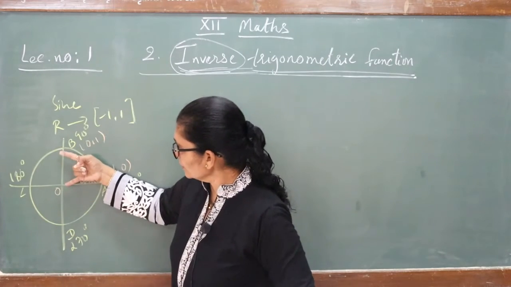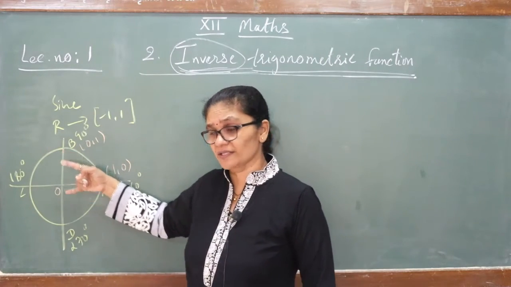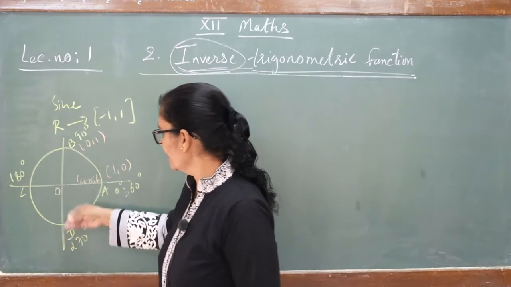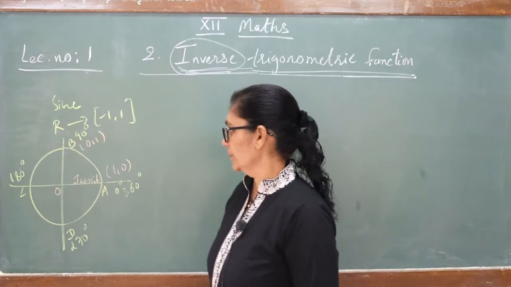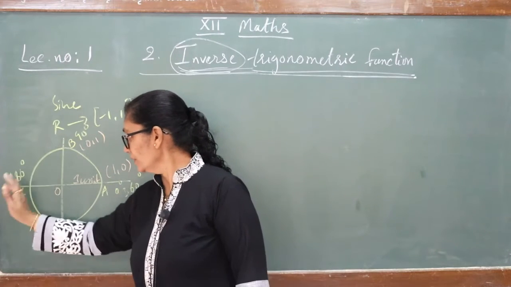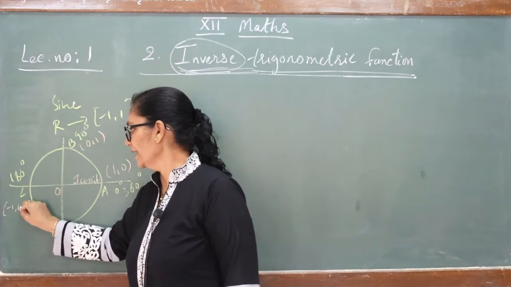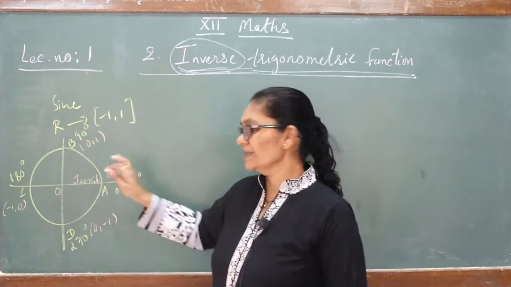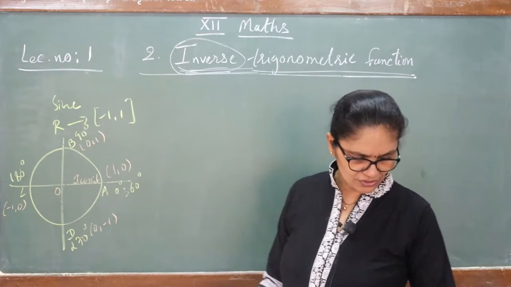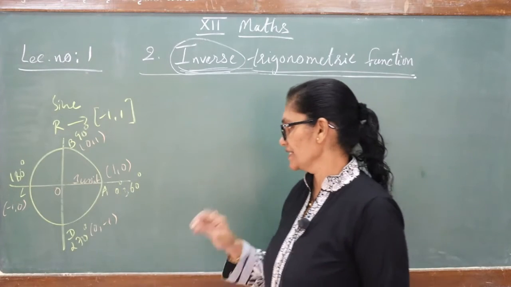Why have I taken 0 comma 1? Because this is also the radius, so you can write the y part as 1 unit. Now this is on the left side, so the coordinate is negative, and here again the same. All these things you already learned in your previous classes.